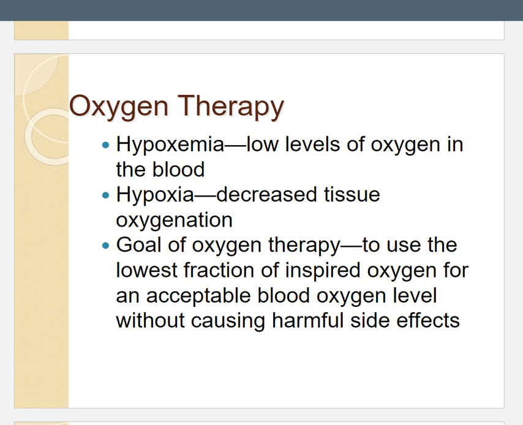Some degree of hypoxia requires usually some kind of O2 flow, probably nasal cannula at 2 to 4 liters, or maybe at least a 40% venturi mask. And we're going to talk about those specific types of oxygen therapy, looking at low flow versus high flow.